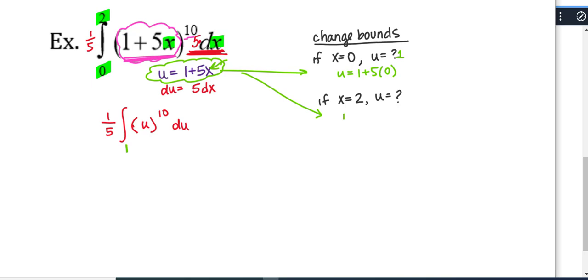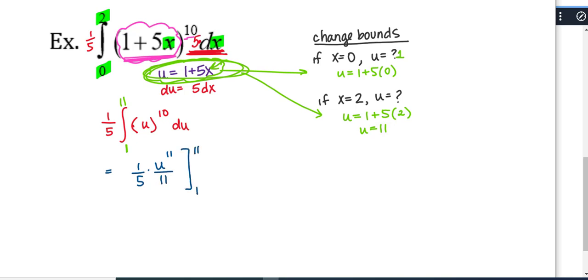Then if x is 2, u is going to be the same relationship here. It's 1 plus 5 times that x value, and now my x is 2, so the upper bound here would be 11. Now the benefit is that I can integrate this. I do get 1/5 u to the 11th over 11.